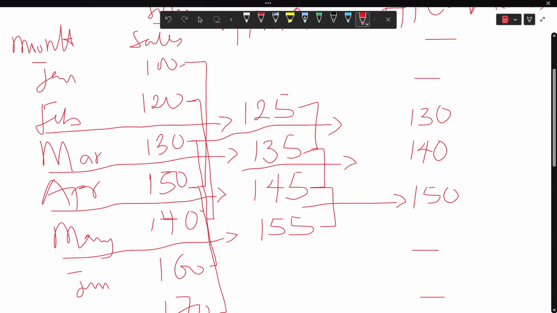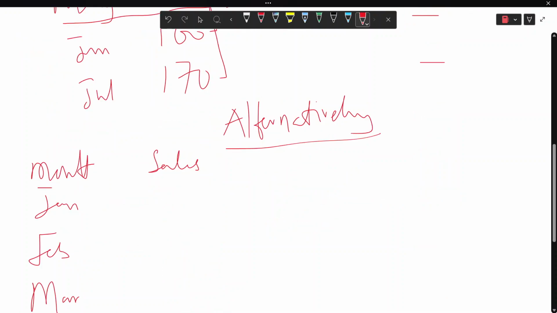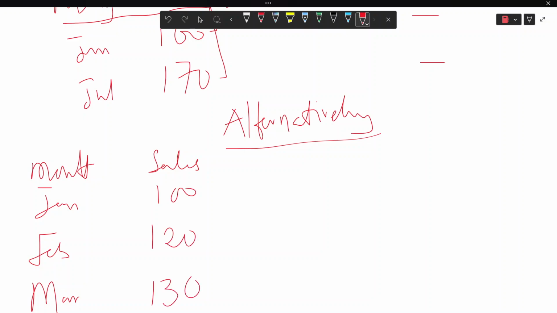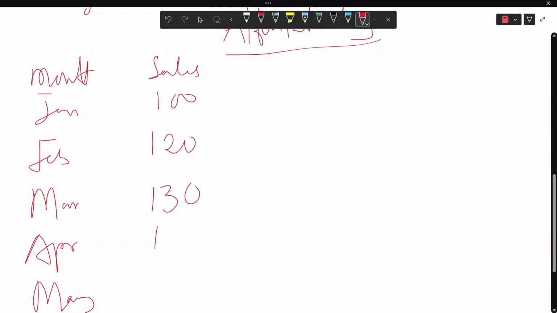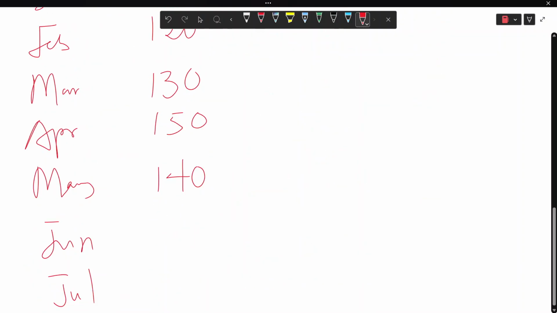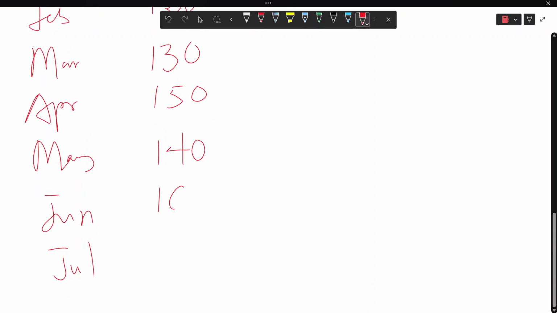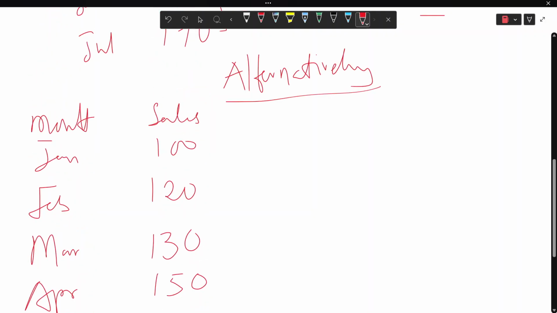For the sales we have 100, 120, 130, 150, 140, 160, 170. So the next thing, alternatively, you have to find the 4 period moving total.